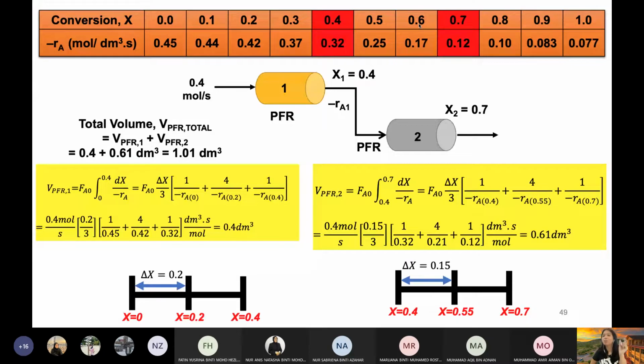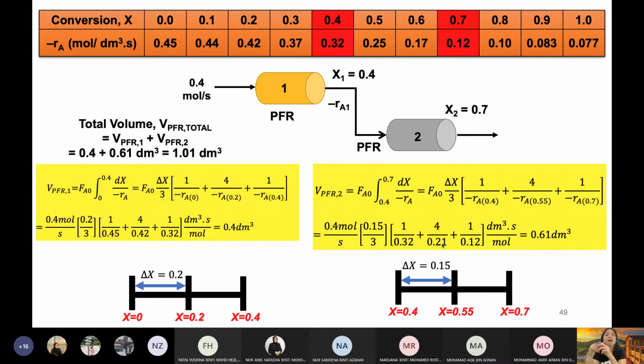Technically, it's not wise to interpolate sebab this is not a linear correlation. Maksudnya bila saya interpolate pada 0.55 ni, minus RA dia saya dapat dalam 0.21. Actually, it's not so accurate sebab dia bukan linear punya line, bukan straight line. So bila kita bukan straight line, kita interpolate titik tengah tu dia tak accurate.